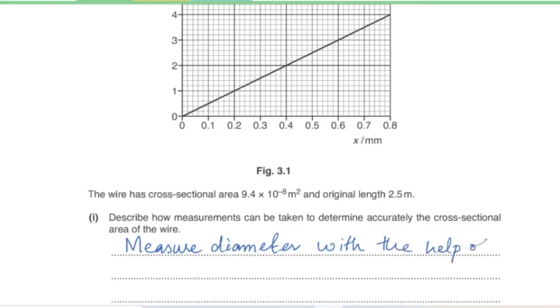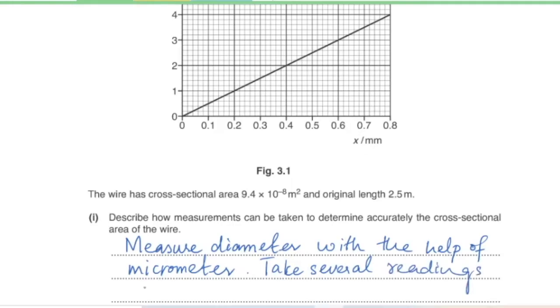You can write that with the help of a micrometer. So we have to take several readings of the diameter of the wire, and that should be followed by taking the average of all those values.